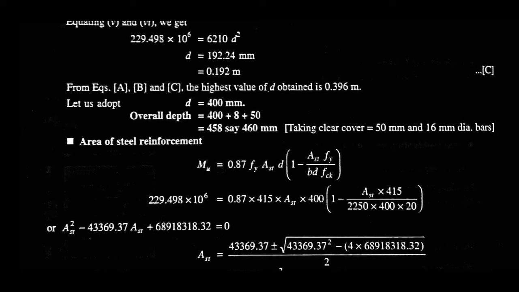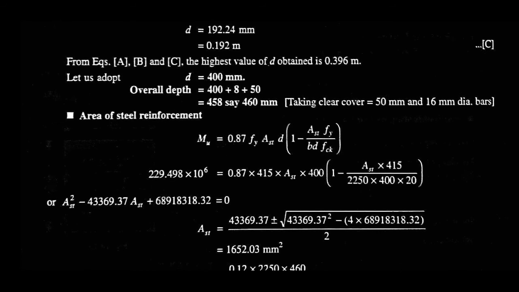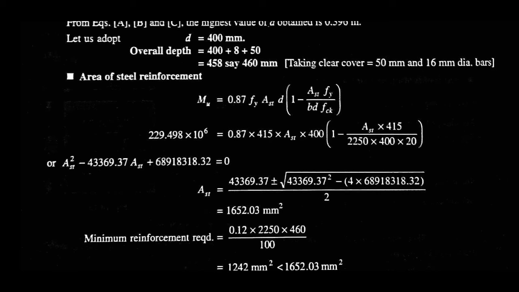Therefore 229.498 into 10 to the power 6, that is the value of Mu, is equal to 0.87 into 415, that is fy, into Ast, which we have to find out, into 400, that is d, within bracket 1 minus Ast into 415 by 2250, that is b, into 400, that is d, into 20, that is fck, or Ast square minus 43,369.37 Ast plus 68,918,318.32 equals 0.